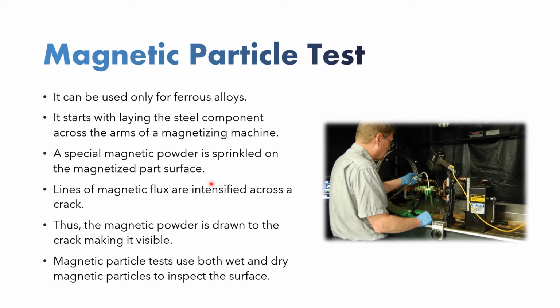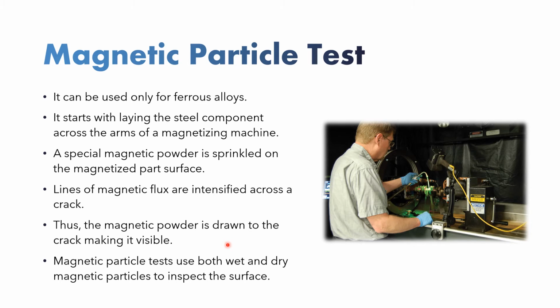A special magnetic powder is sprinkled on the magnetized part surface. What we get is a flux. Lines of magnetic flux intensify across the crack, so the magnetic powder is drawn to the crack, making it visible.